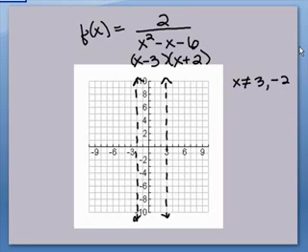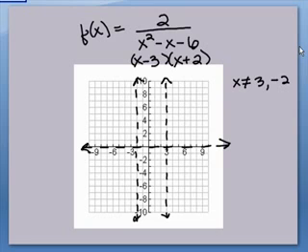Those vertical asymptotes are related once again to your domain. Then we want to look for the horizontal. We compare the degree of the numerator and the denominator. The numerator has a smaller degree than the denominator, so we're going to have a horizontal at 0 again. Okay, so this breaks it up into regions.